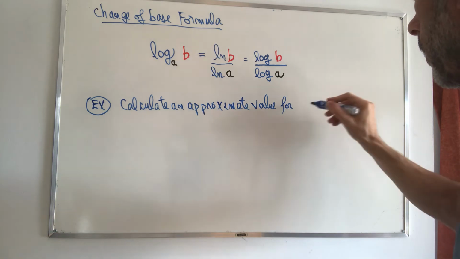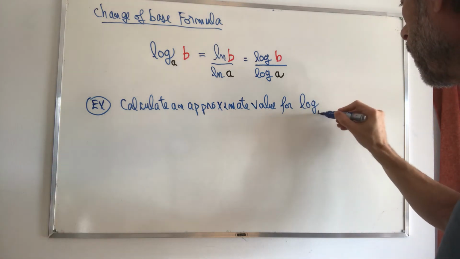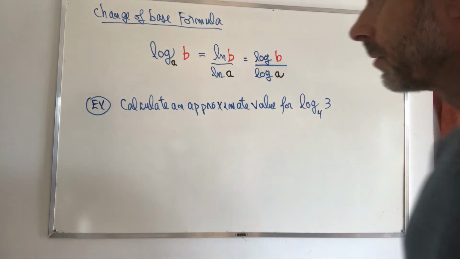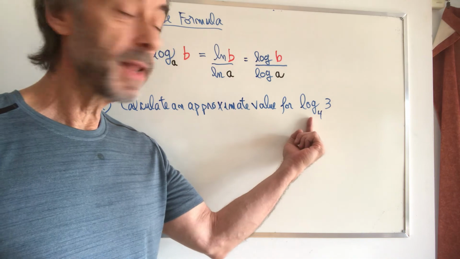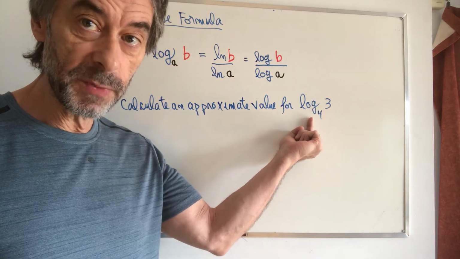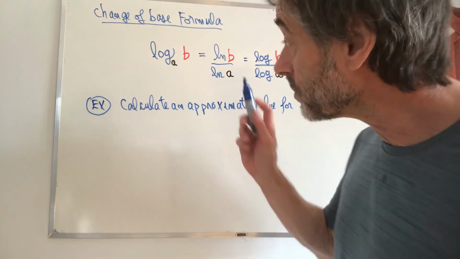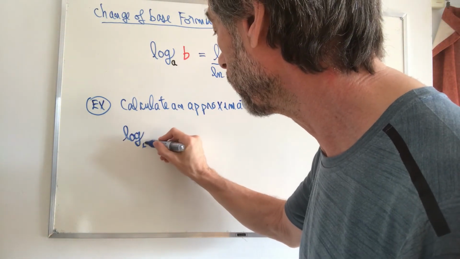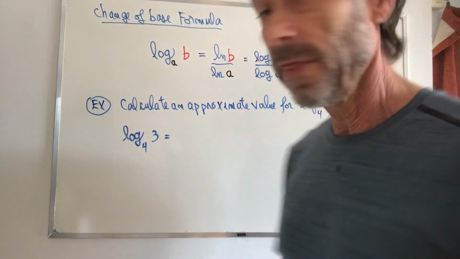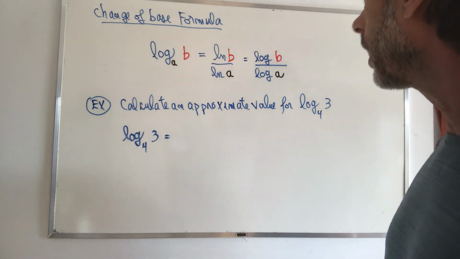I have log base 4 of 3. So the calculator, like I said, can help you with log base 10 and log base e, which is the ln. It cannot help you with log base 4. But if I use this change of base formula, log base 4 of 3, that can actually be written as one of these two expressions.